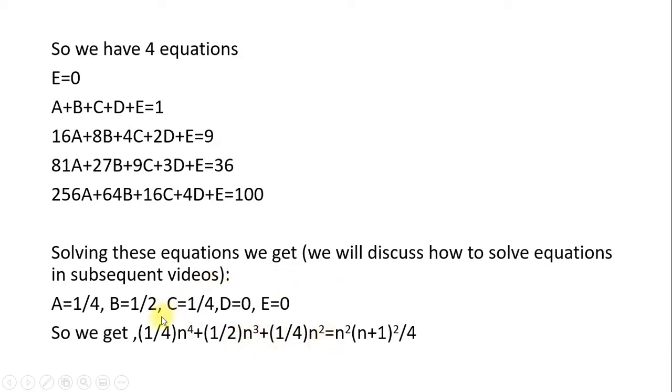So this is the equation for the sum of the series of cubes of numbers, 1 cube plus 2 cube plus 3 cube plus up to n cube. That becomes n square into n plus 1 whole square by 4. So that's how we derive the sum of the cubes of numbers.